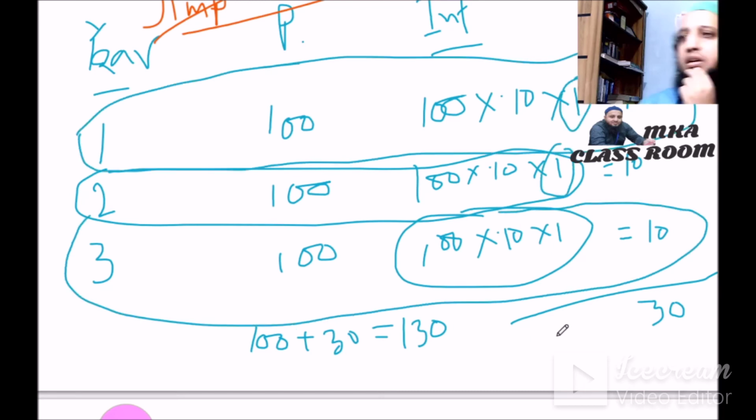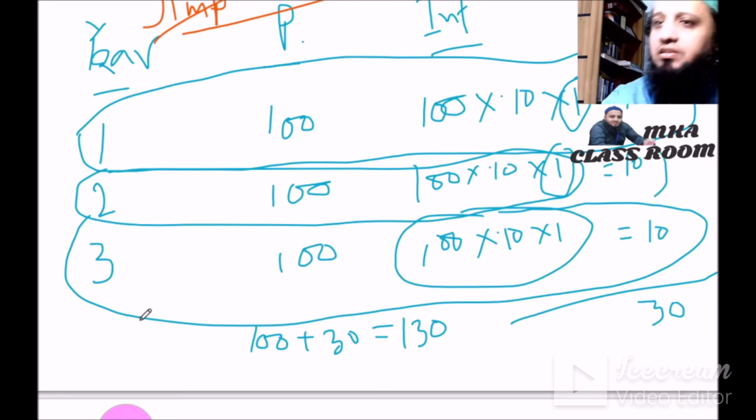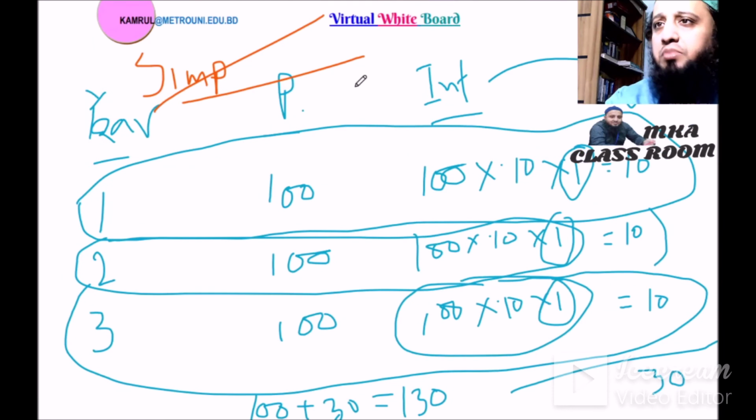We are calculating the first year's interest, second year's interest, and third year's interest. That is why the value of n is 1. That is our interest rate, and the principal should be the same, because interest is not reinvested again for simple interest.